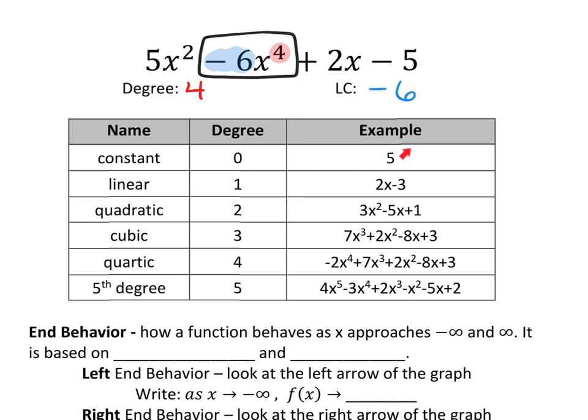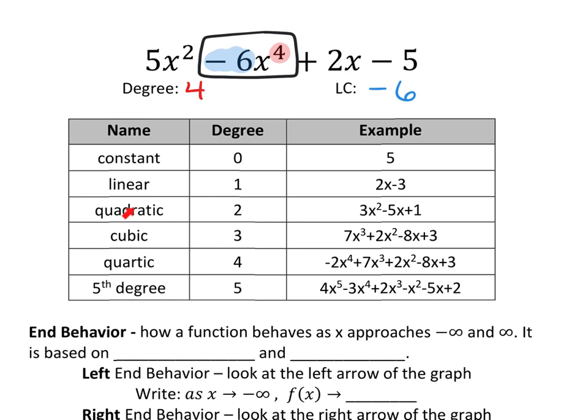An example is just the number 5. If the first power, or just the x variable, is the largest exponent, it's called a linear equation. If the biggest degree is 2, that's called a quadratic. Do these words look familiar?